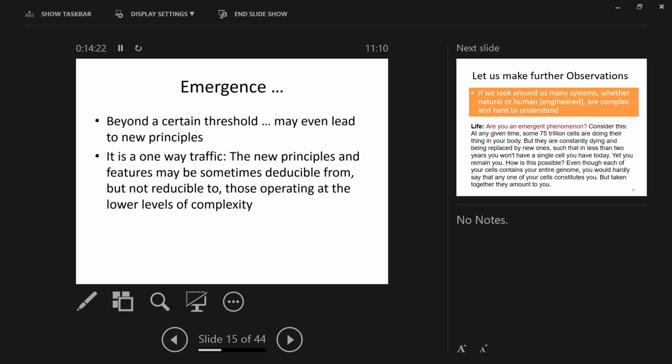Beyond a certain threshold, emergence may even lead to new principles. And it is a one-way traffic, really. The new principles and features may sometimes be detectable from, but not reducible to, those operating at the lower levels of complexity.